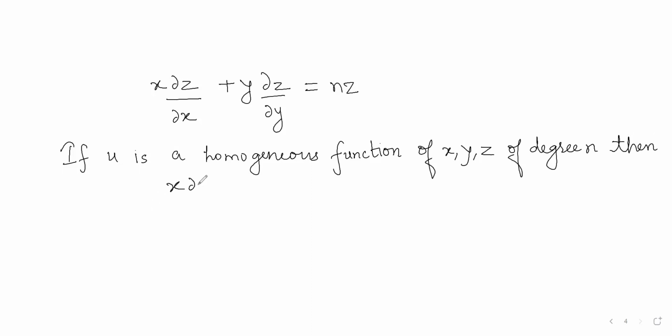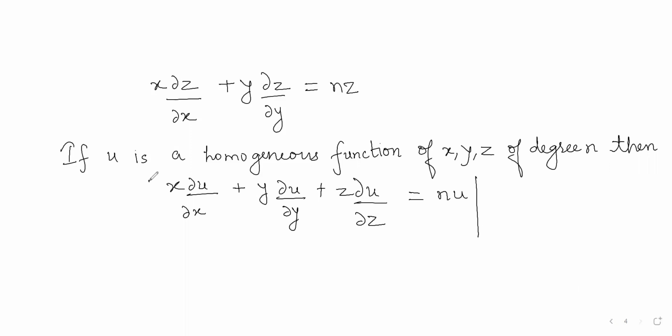x del u upon del x plus y del u by del y, and since we are having one more variable, we write z del u by del z is equals to n u.